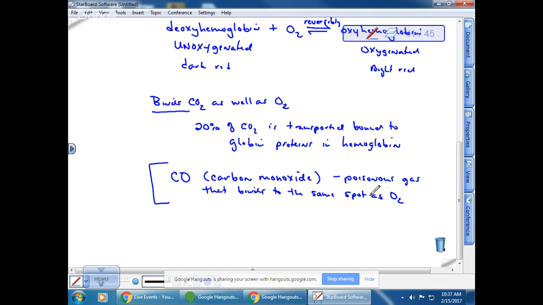Okay. And it does not bind reversibly, right? So it's like permanently bound, right? And so this actually gives the blood a different color. So this actually makes it kind of pinkish, right? So people that die of carbon monoxide poisoning have a pink coloration to the skin.